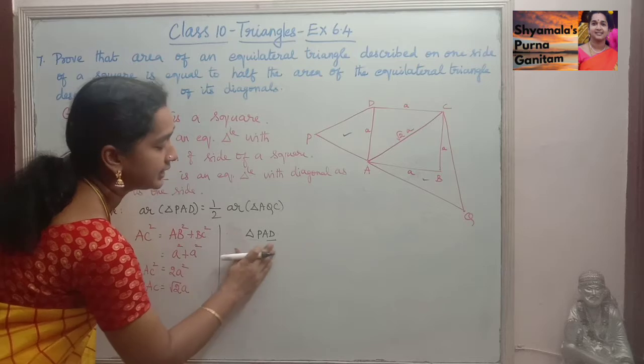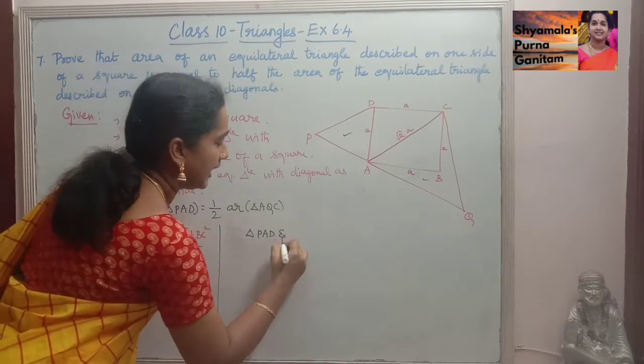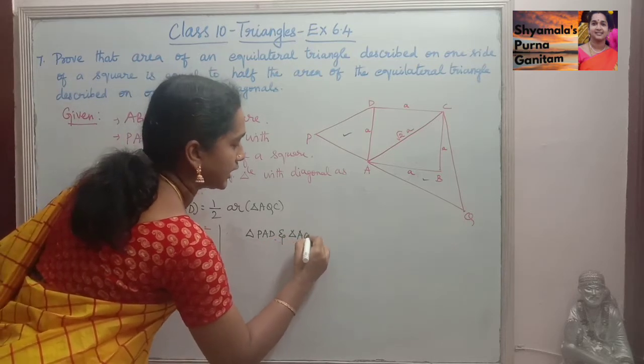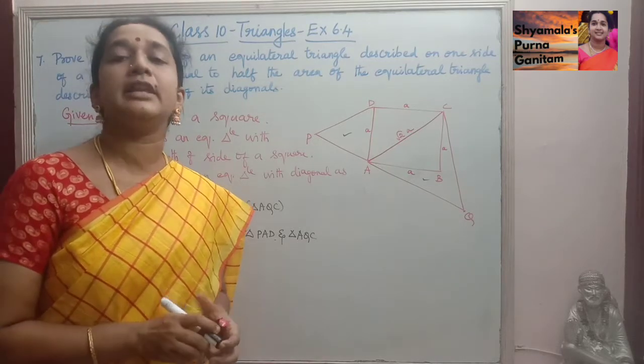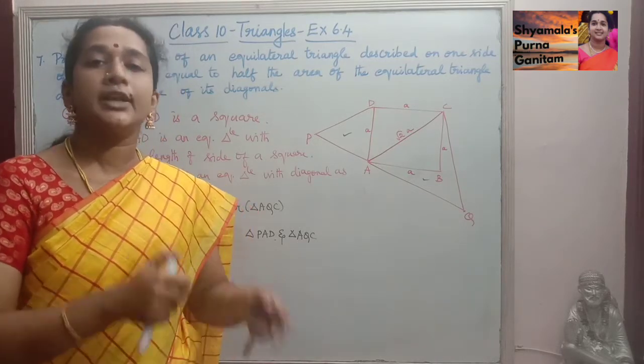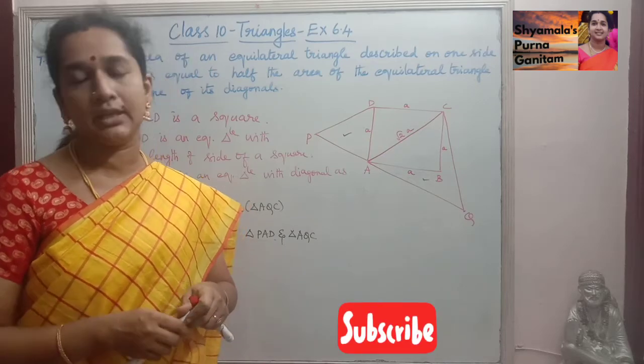First we will take triangle PAD and triangle AQC. Already in the question it is given that they are equilateral triangles. For an equilateral triangle, the angles will be equal, each 60 degrees.